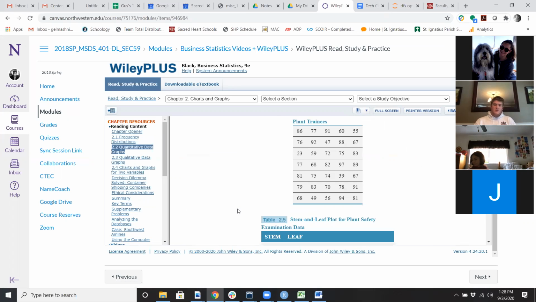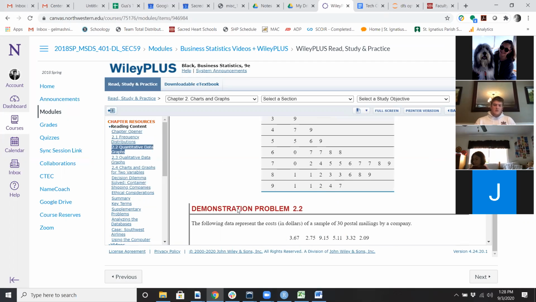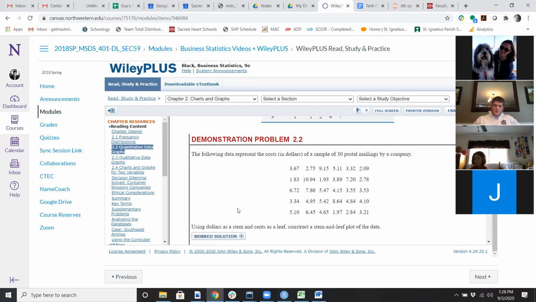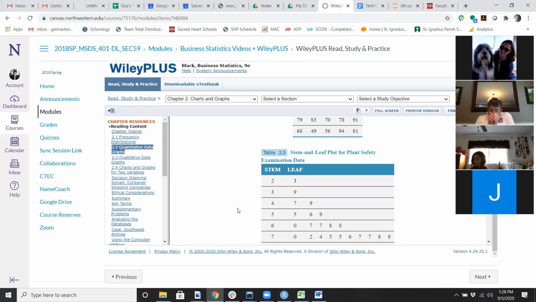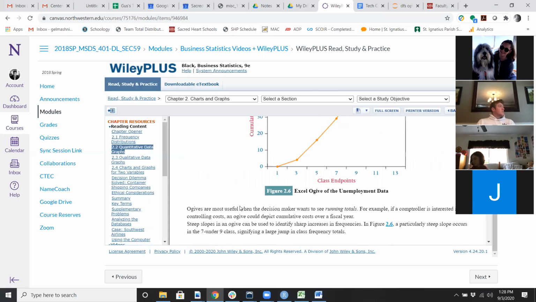Other types of graphs they could do. Then they talk about stem plots. Stem leaf plots. Dots. What was that? Sorry. What was the one with the dots? Like I think it's a little bit above. Right, dot plots. That's the same thing as a histogram. Yeah. No different. You can do dot plots.